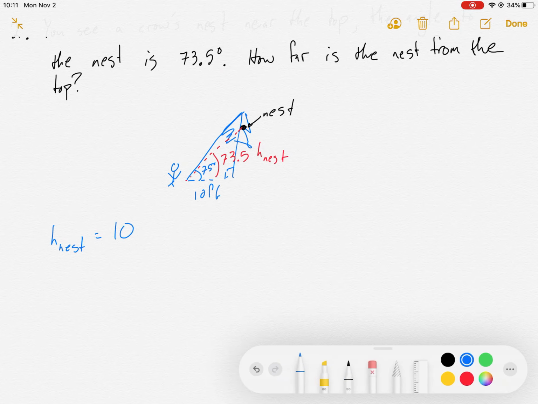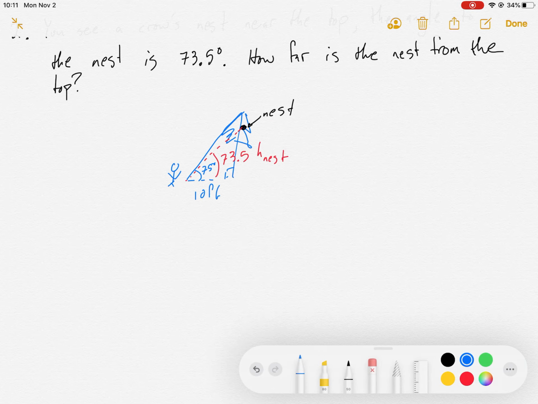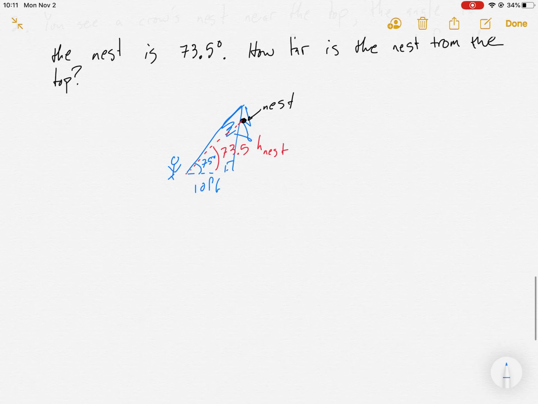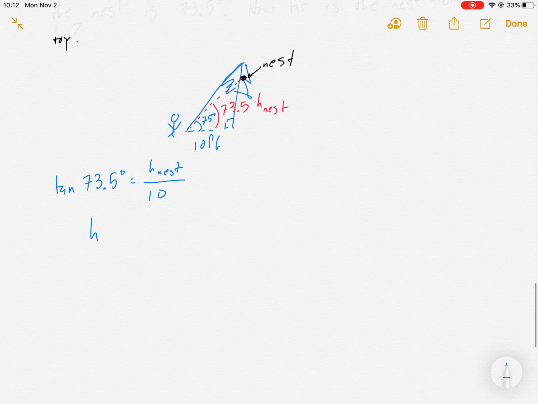Well, I should probably set this up. Okay, I was going to start going a bit quicker, but I think I'll take a step back real quick. So tangent of 73.5 degrees will give me the height of the nest, the opposite side of my triangle, over the 10.